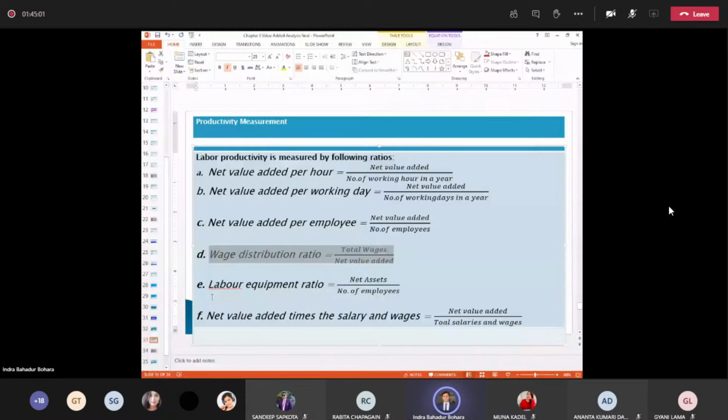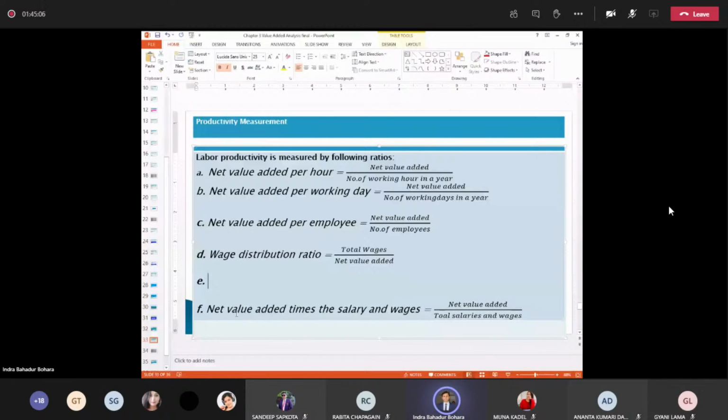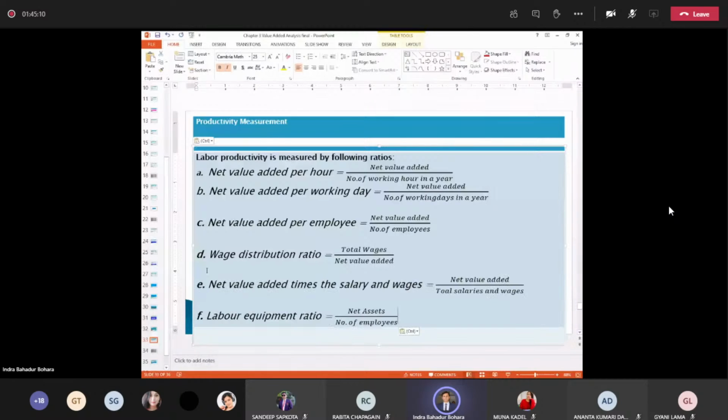Look at D, it is exactly opposite. Let me put them in one place so it is easier for you. Okay, in F number: the wage distribution ratio shows the total wages out of net value added, so the wage distribution ratio is salary and wages over net value added.